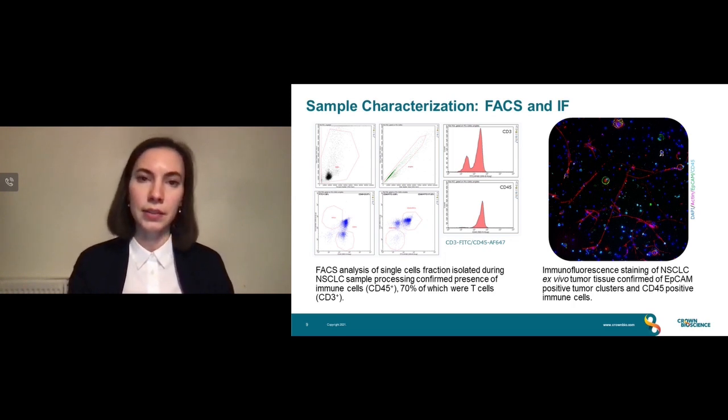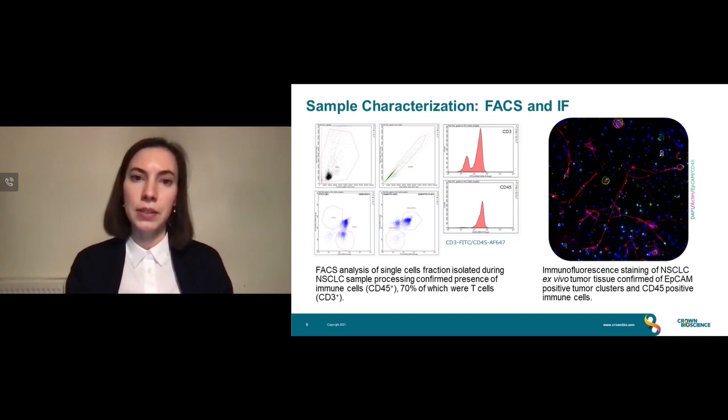We can also characterize samples by immunofluorescence. On the image on the right, you can see the staining of non-small cell lung cancer ex vivo tumor tissue with EpCAM in green, marking the tumor clusters, and CD45 positive immune cells in cyan.